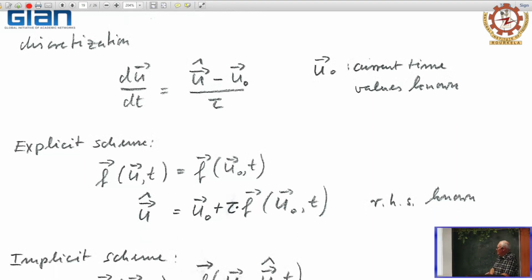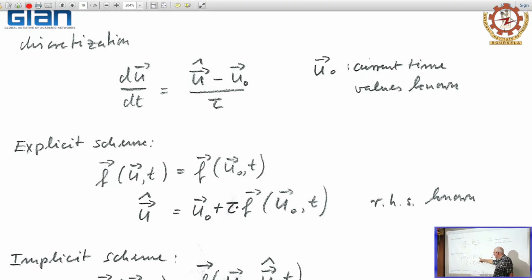Well, we can assume that the right-hand side f has to be taken only at the old time step, at the time step where we already know the vector u. u hat is not known, u0 is known. This is the value of the vector at the current time step. Then this is called an explicit scheme, because then we can solve the equation explicitly for the value of the vector u at the new time step.